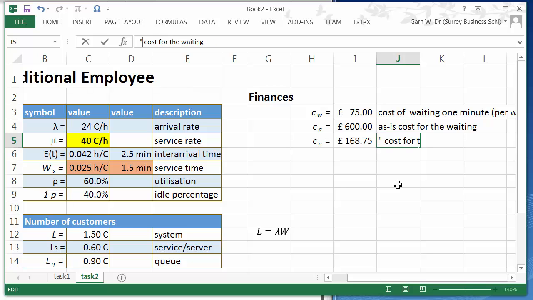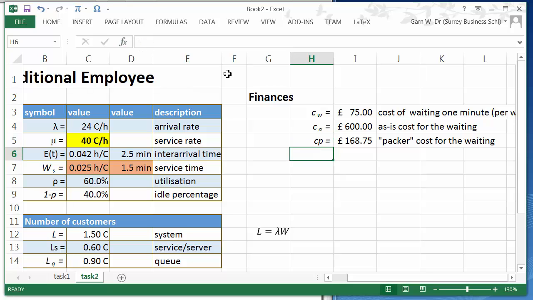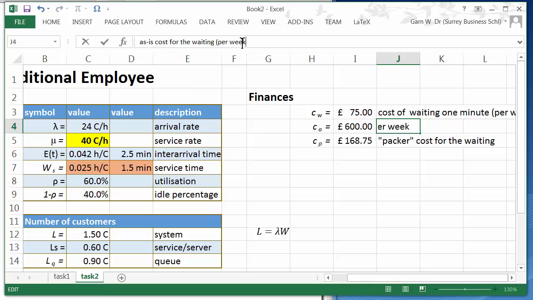Let me just call that packer cost for the waiting, so CP. So this is all per week actually. Packer cost for the waiting, that's also per week.